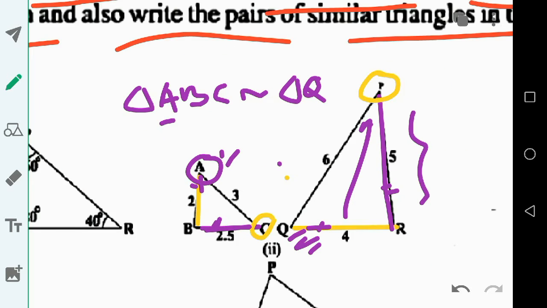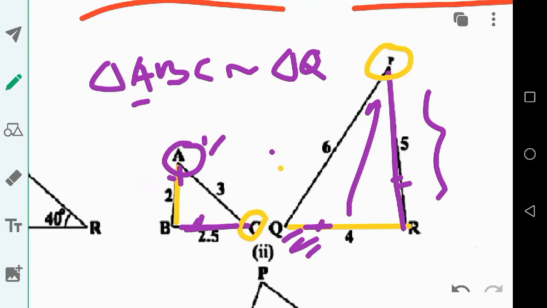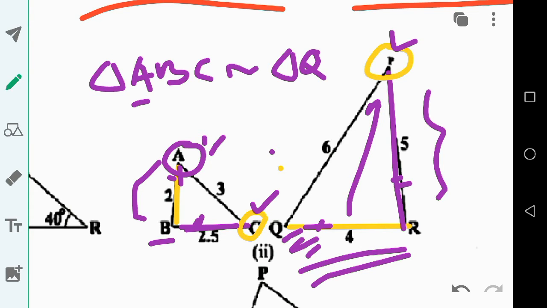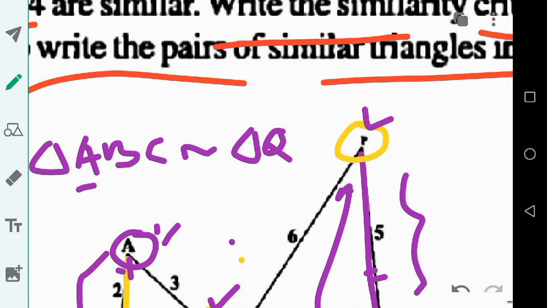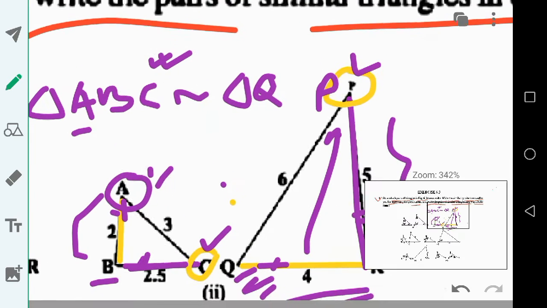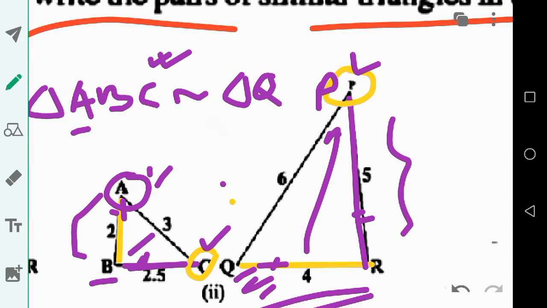Then again you see opposite to AB there is C, and 2 times of AB is QR and opposite to QR there is P. That's why P is corresponding to C. So C is written at the end, so P should be written at the end, and here B is corresponding to what?